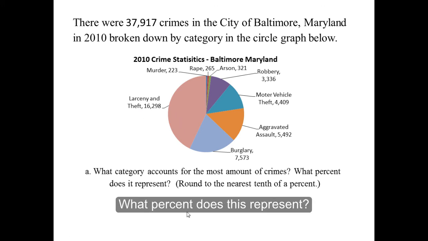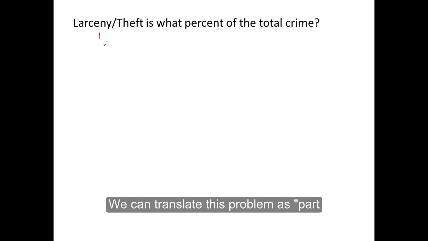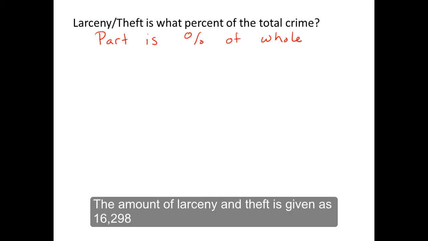What percent does this represent? So the question is, larceny and theft is what percent of the total crime? We can translate this problem as part is percent of whole. The amount of larceny and theft is given as 16,298.